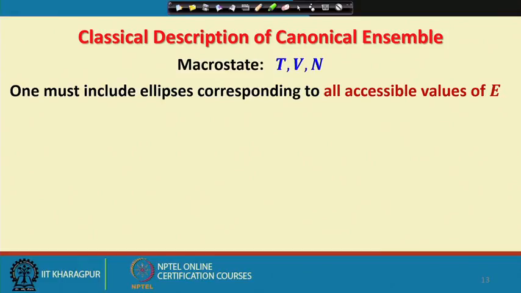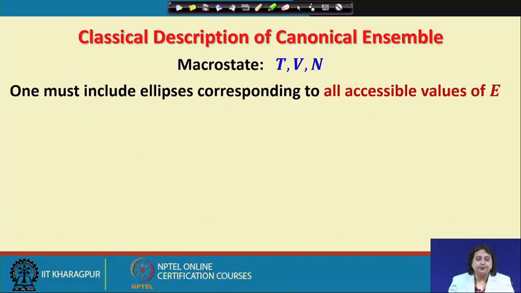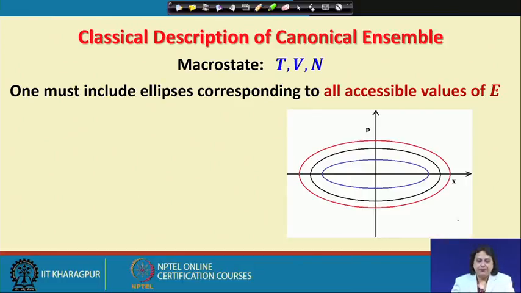So, if I still talk about the simple harmonic system, a one-dimensional simple harmonic oscillator, this oscillator is now connected to a temperature reservoir. Therefore, its energy is represented not by one single energy, but to keep the temperature constant, it has a certain range of energy values accessible to it.